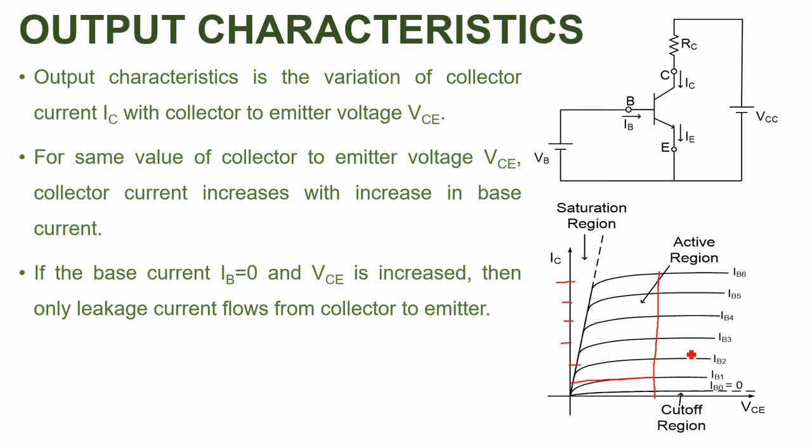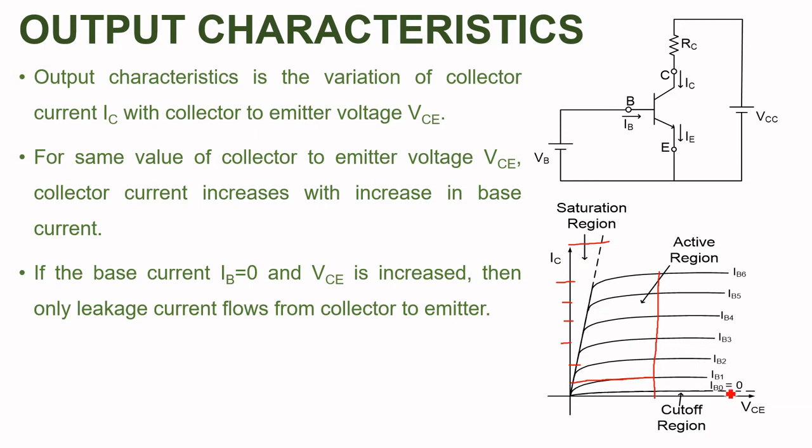This region of working of the transistor is known as the active region. In the active region, the transistor is mainly working as an amplifier. This region is known as the saturation region. In the saturation region, you can see the voltage across the transistor is very low and the current flowing through the transistor can be very high.